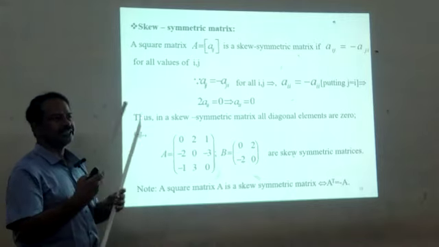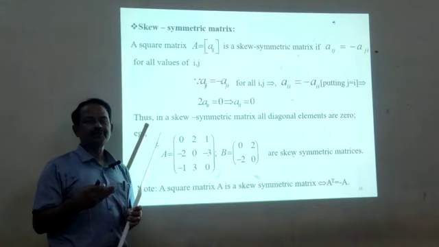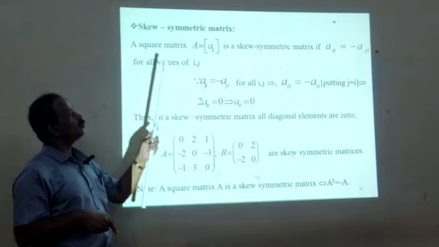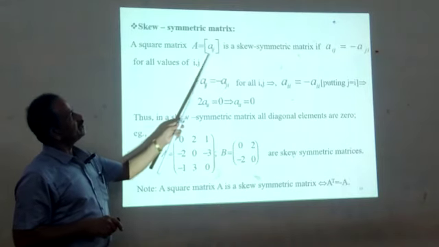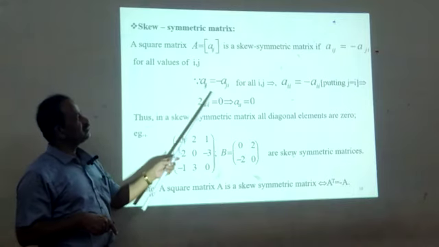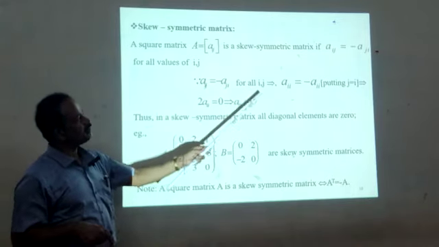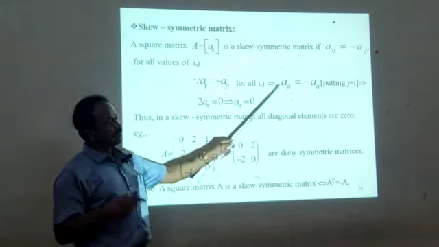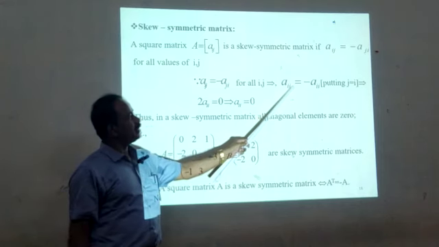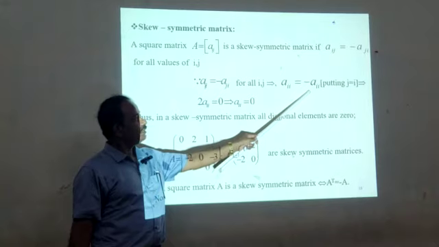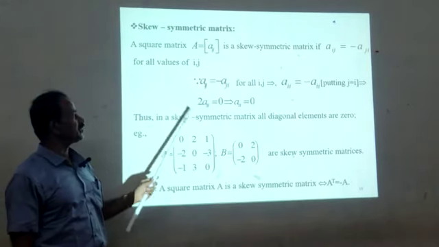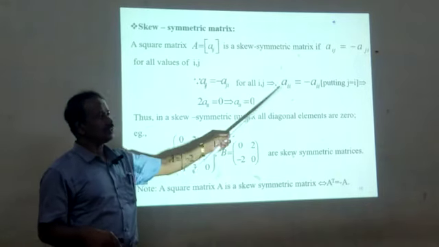So it means that if we interchange A1,2 becomes A2,1 with a minus sign, then we can say that this is skew symmetric. Okay, so A equals Aij is skew symmetric if Aij equals minus Aji. For example, when you take j equals i, then Aii equals minus Aii. You bring this term to the left-hand side, that will give you plus Aii; already one Aii is there.